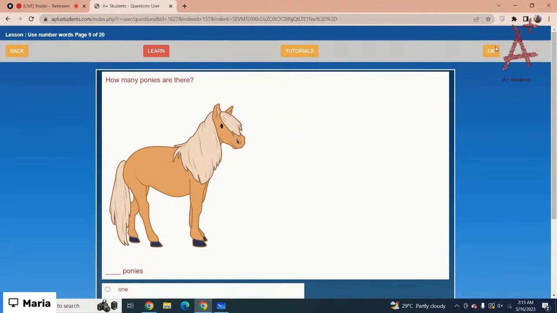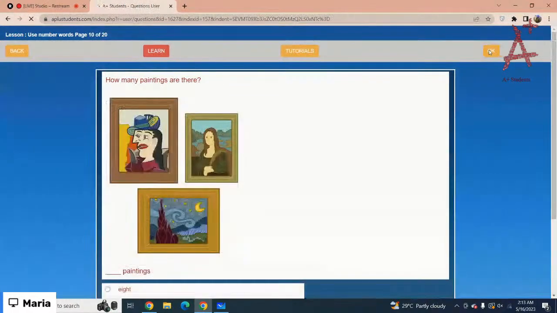How many ponies are there? Yes, you have just one pony, so the correct option is one. How many paintings are there? So which is the correct option?